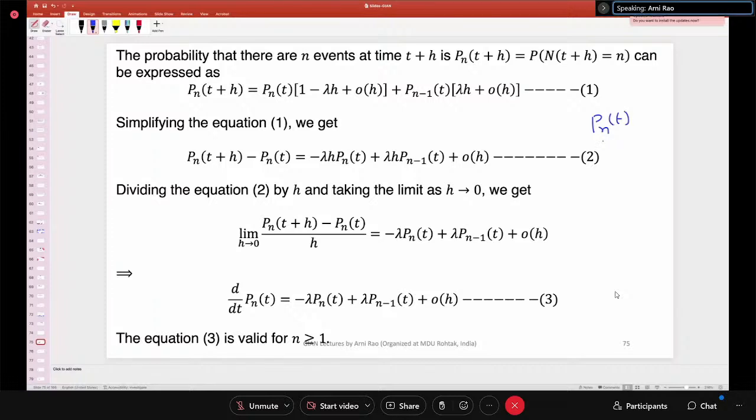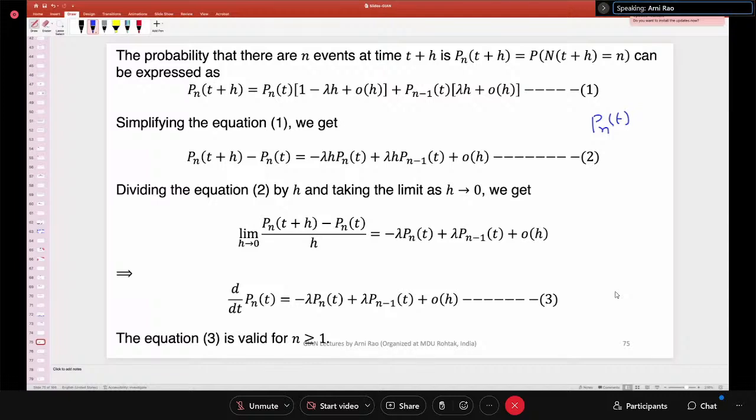That means the probability of getting n events by the end of the day, for example the probability of getting n COVID patients who have hypertension by the end of the day or the end of the season. You are counting, so we have to tackle that kind of problem through counting process problems.